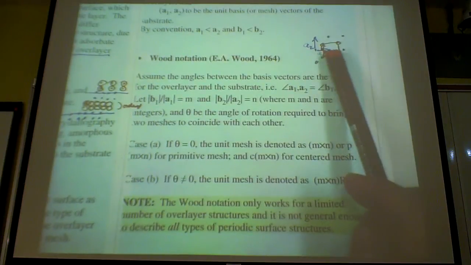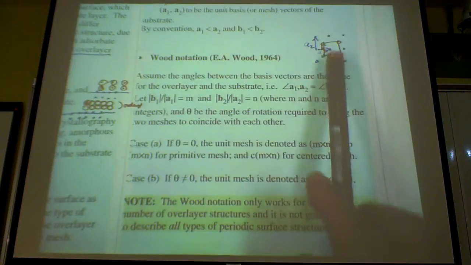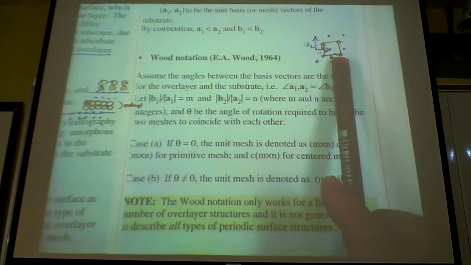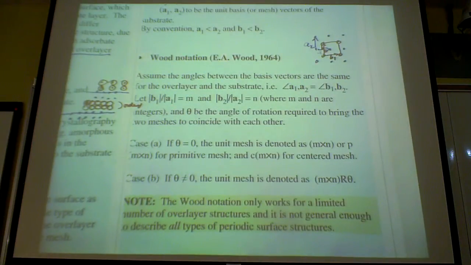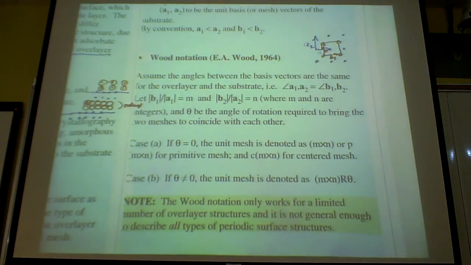Now, if this angle is the same, let's say they are 90 degrees for both the red grid and the blue grid, then you can use the difference in length in the direction. So B1 divided by A1, this vector divided by this vector, we call this M. We're looking at just the magnitude of these vectors. And similarly, you look at B2 versus A2, in the same direction.